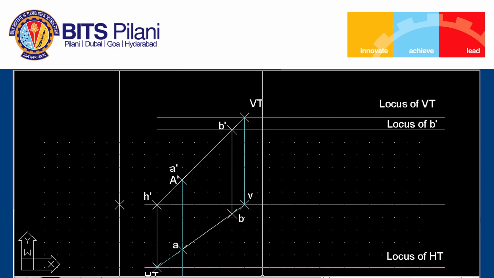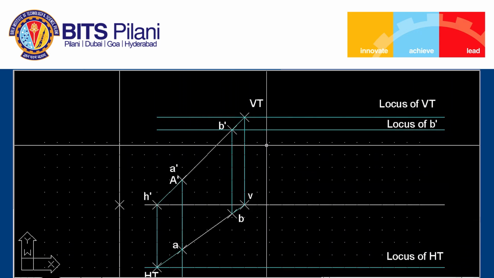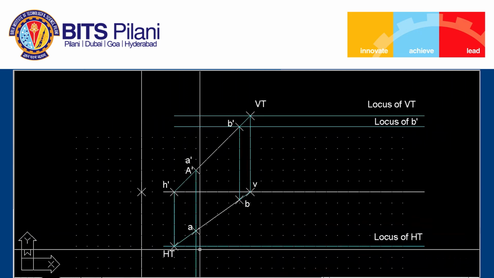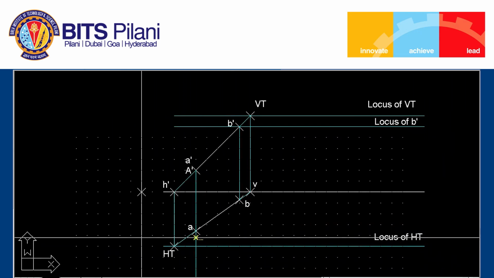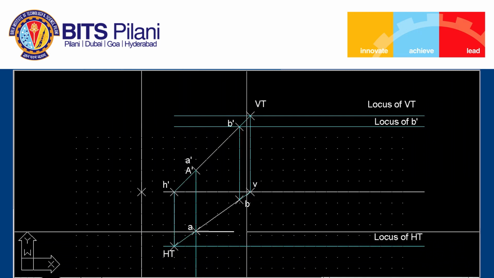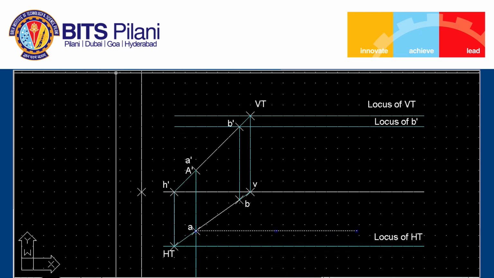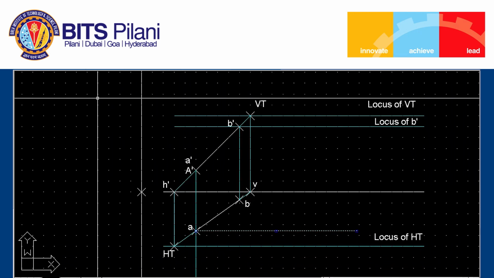Then we project that point on the locus of B prime, that is the point capital B prime. So let us draw the projector line passing through point A, that is the locus of B.